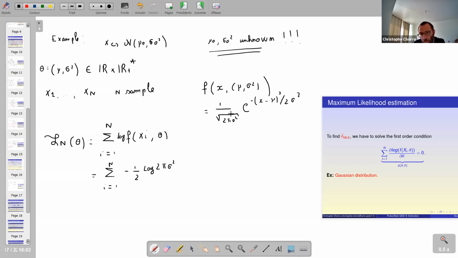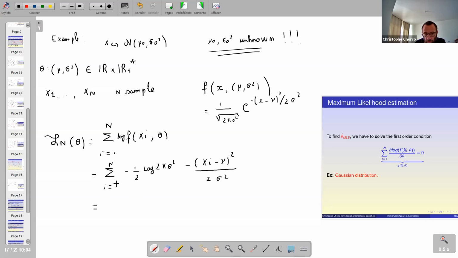That is the logarithm of this expression here, using the properties of the logarithm. The logarithm of 1 over something is minus the logarithm, and the logarithm of something to the power alpha is alpha times the logarithm. So I obtain this one, and then the logarithm of the exponential, that is just minus (x_i minus mu) squared over 2 sigma squared.